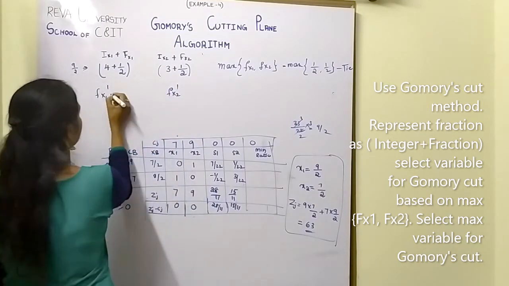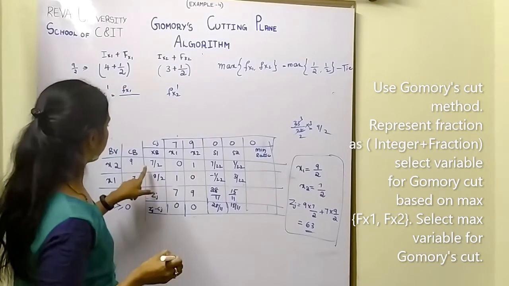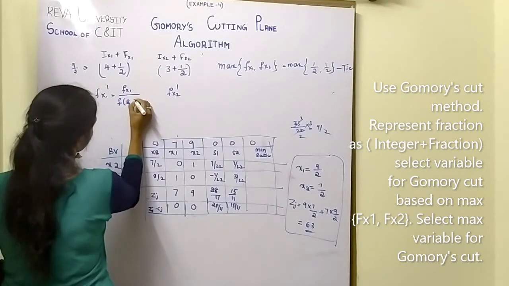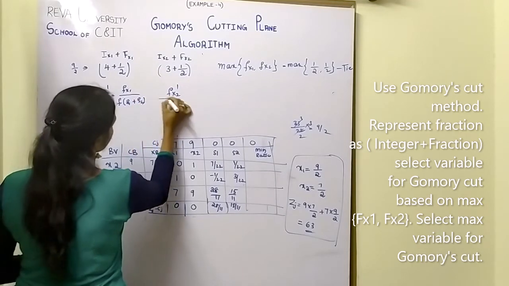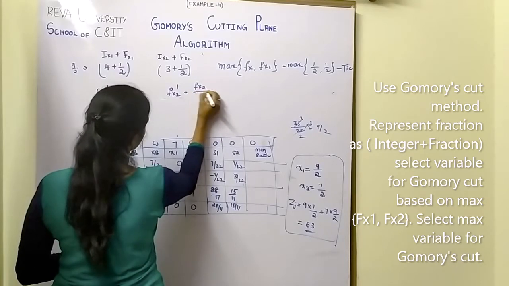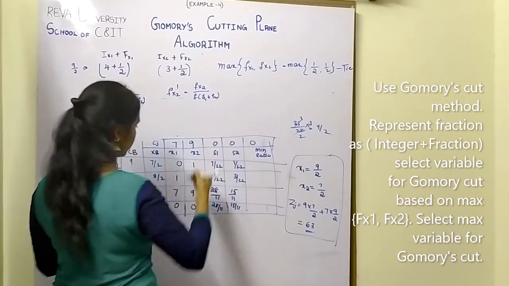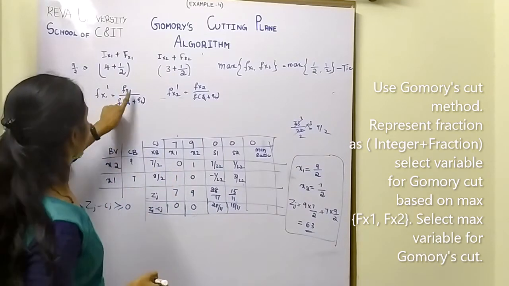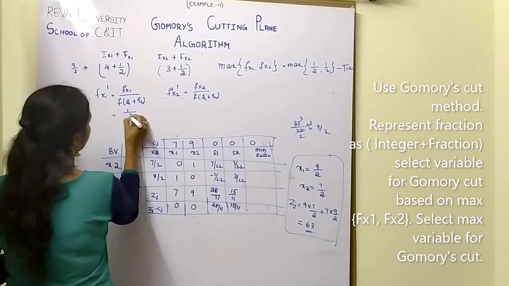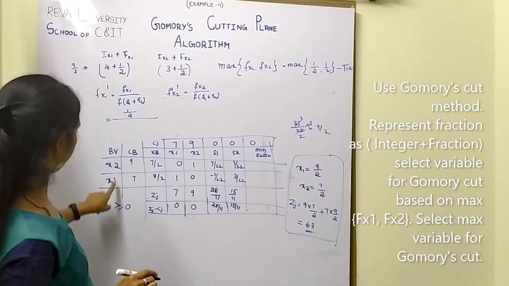What does this dash indicate? F of x1 dash is equal to f of x1 divided by the fractional part of s1 plus s2. Here f of x2 dash is equal to f of x2 divided by the fractional part of s1 and s2 in this table. Now, what is f of x1? F of x1 is equal to half divided by the fractional part of x1.